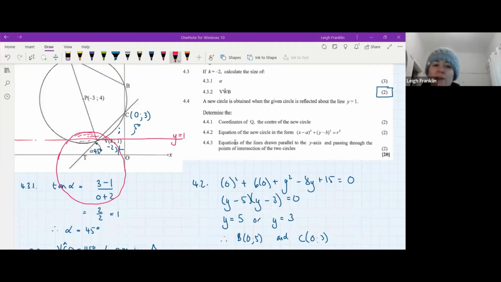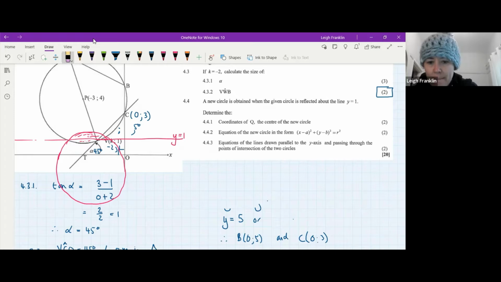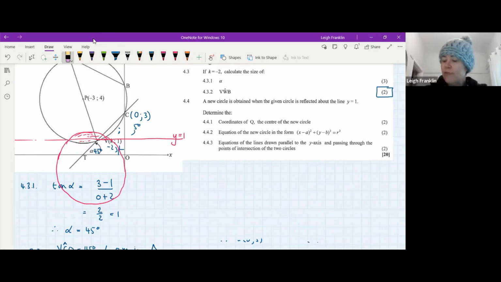Now that we know where it's going to be located and the line that it has been reflected over, let's go and answer the questions. The first question says, determine the coordinates of Q, the new center of the circle. If it's been reflected about the line, we have not moved it left nor right.